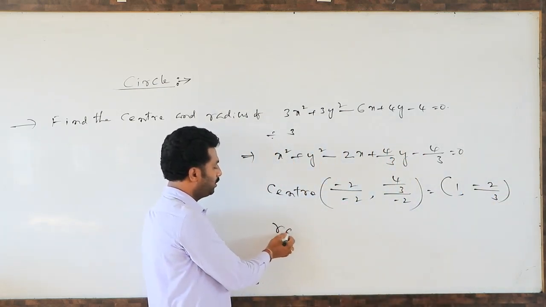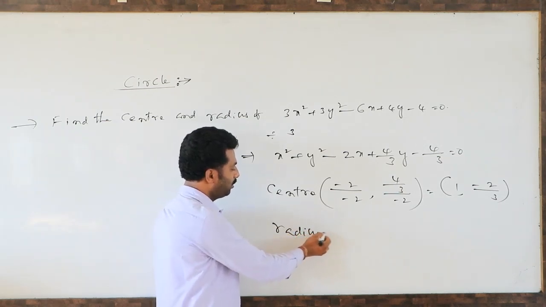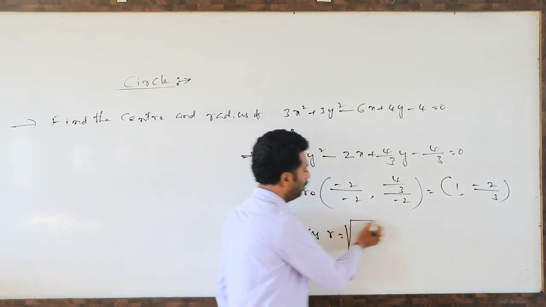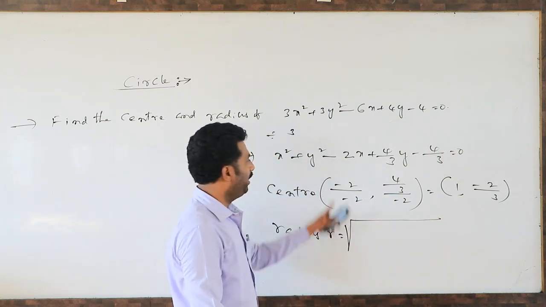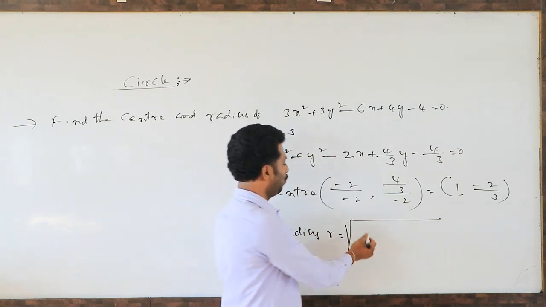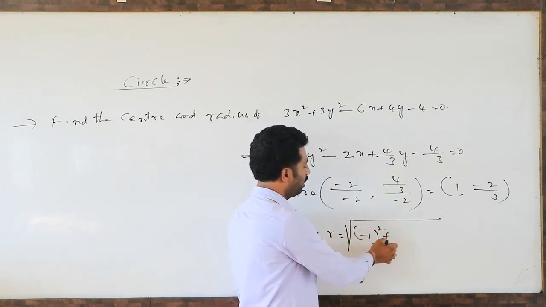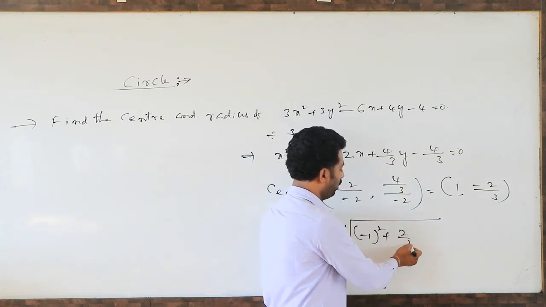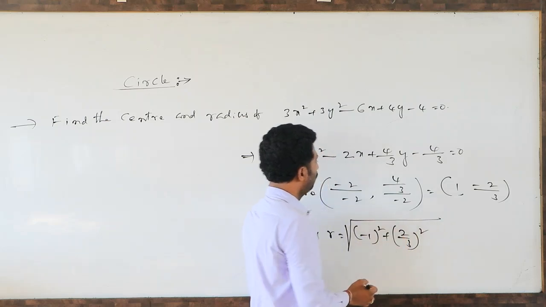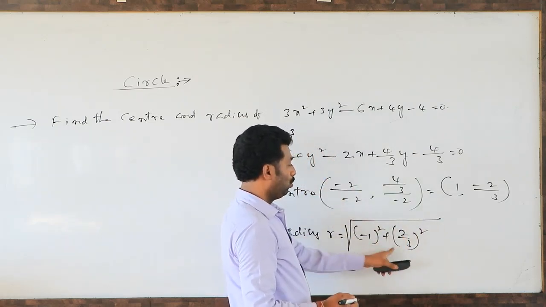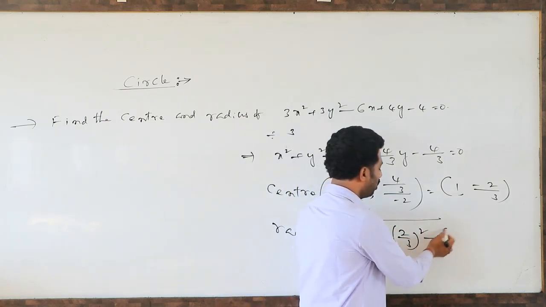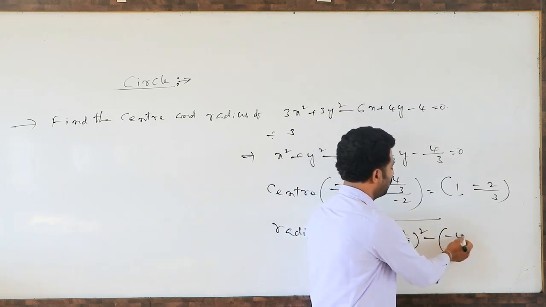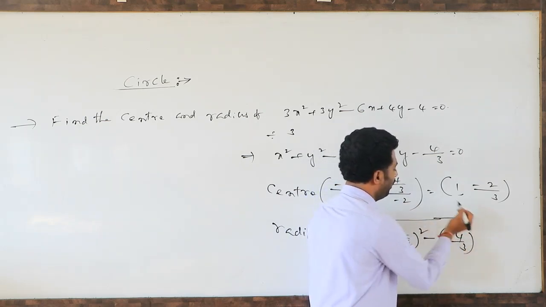Then what is the radius of the circle? r equal to root of x coefficient by 2, that is minus 1, whole square, plus y coefficient by 2, that is 2 by 3, whole square, minus the constant term. What is the constant term? Minus 4 by 3.